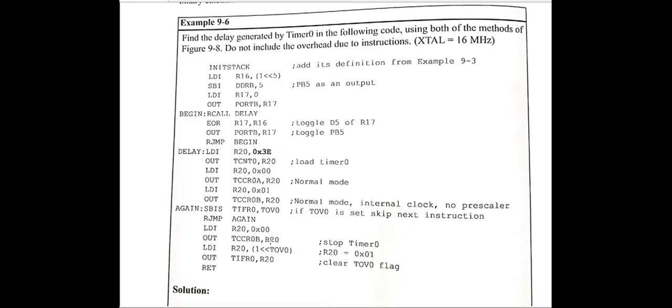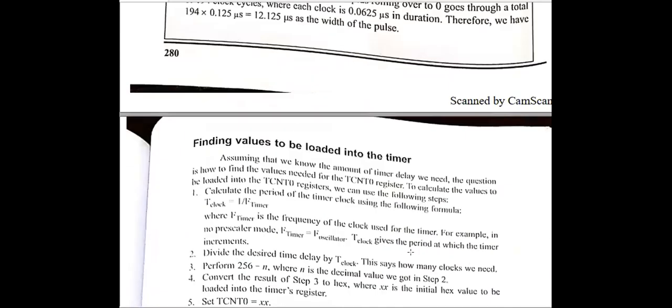Next we have TCCR0B, R20 to stop Timer0, and R20 is 1 shifted by TOV0, which gives us R20 to clear the TOV0 flag.